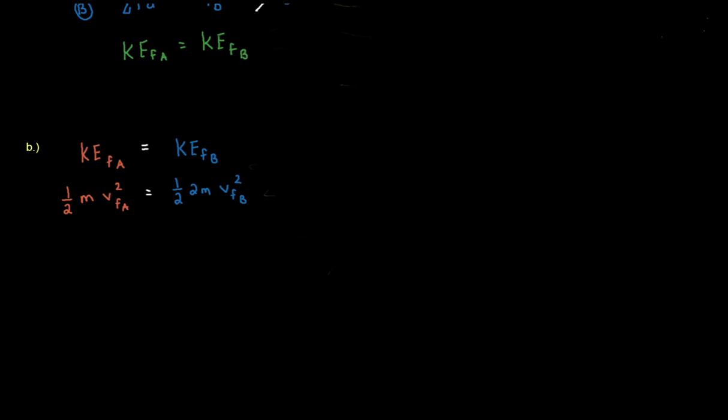And the reason it is 2m is because the problem states that ice boat B has a mass of 2m. So now we can cancel out the 1/2 m terms on both sides to leave us with the final velocity of ice boat A squared is equal to 2 times the final velocity of ice boat B squared.